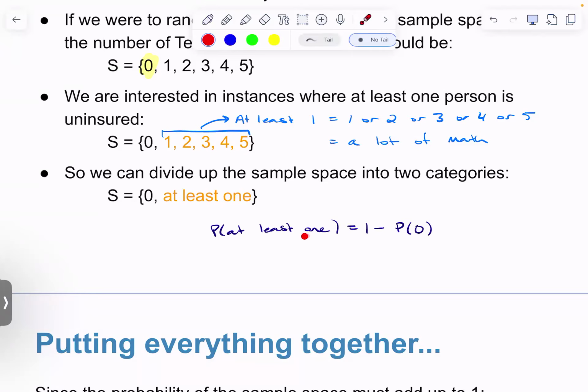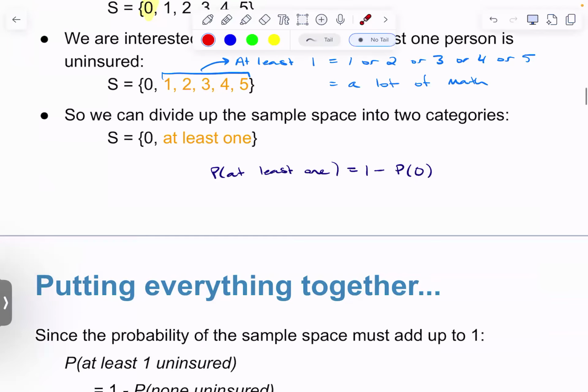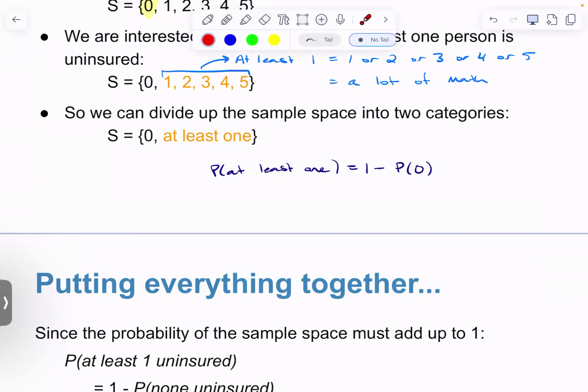So when we have this at least one and it starts to look like a lot of math, whenever you have "or", you're going to find the probability of each of these individual situations and then add them up. That's a lot, so we're not doing that until later. But with our little trick with the complement, at least one is the whole sample space minus the probability that none are. We just take away that probability.